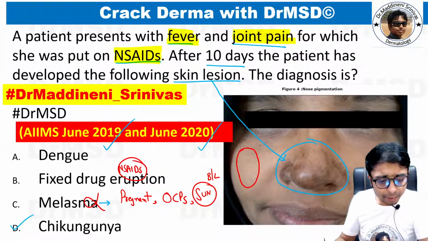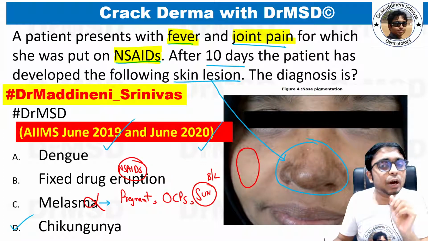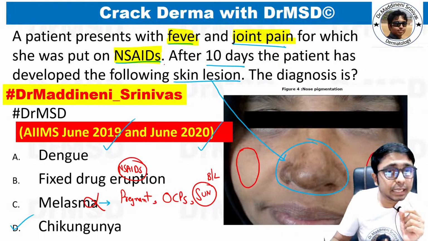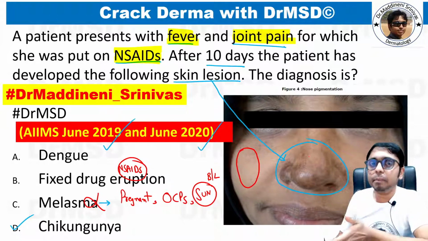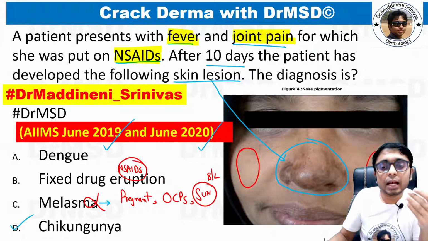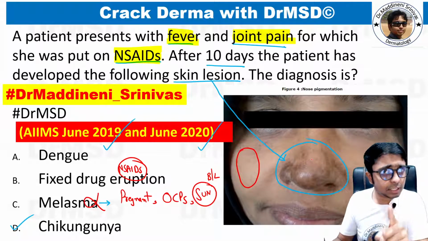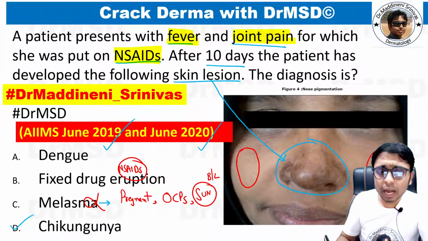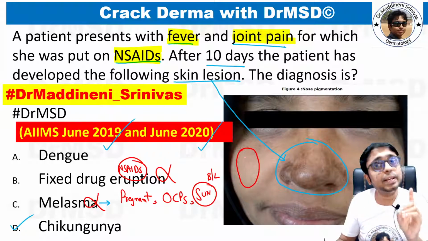Like, for example, over the nose she developed this erythema after NSAID intake in the past, which healed with hyperpigmentation. Now when again NSAIDs were given, again she developed erythema, which healed with hyperpigmentation. If this type of history is given, then you have to mark FDE, otherwise this is not going to be the answer. Okay, very important.